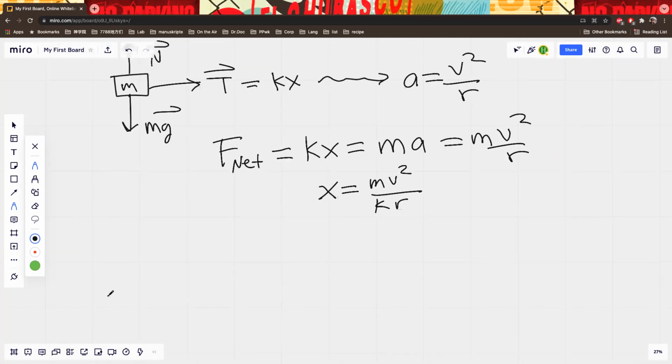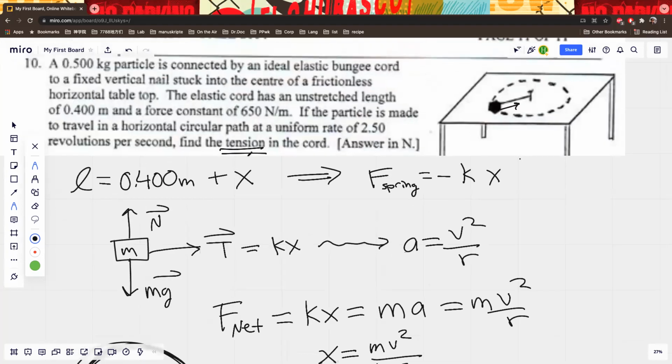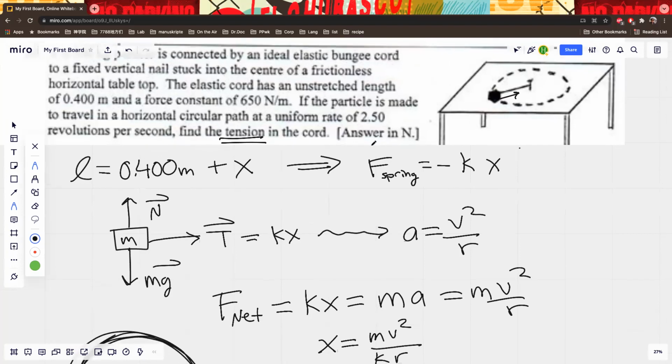So every time it does a circle, it's traveling a certain distance in a certain amount of time, right? So if it does 5 circles, how long is it going to take to do 5 circles? Well, if it's 2.5 revolutions per second, so in each second you're doing 2.5.